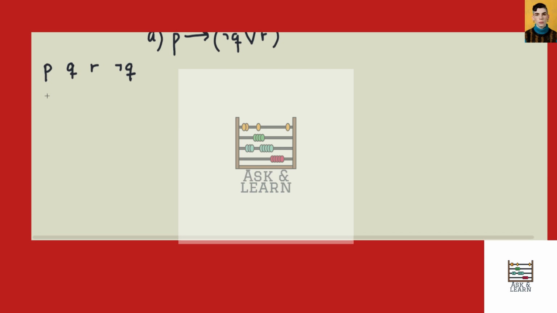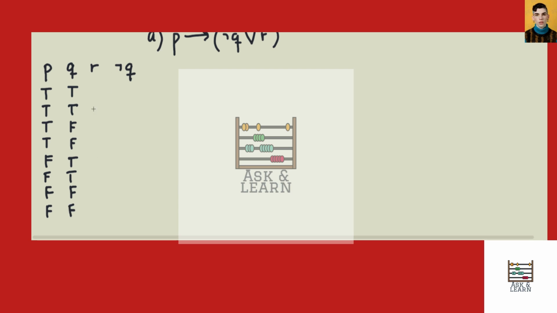So let's write the truth values for each. Here we have true, true, true, true, false, false, false, false. For Q, we have true, true, false, false, true, true, false, false.